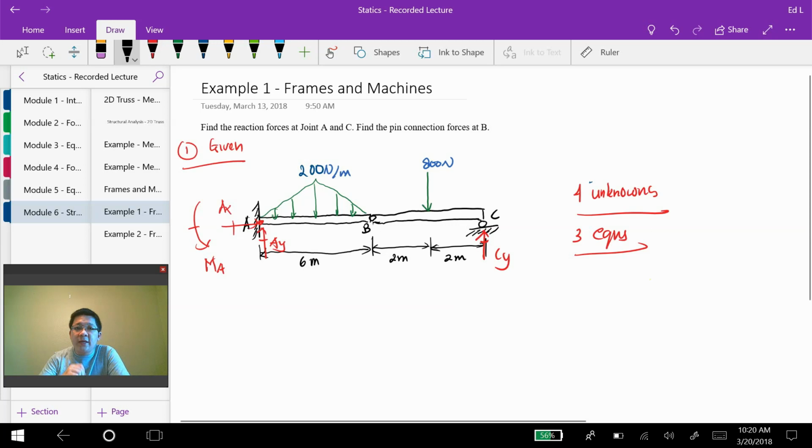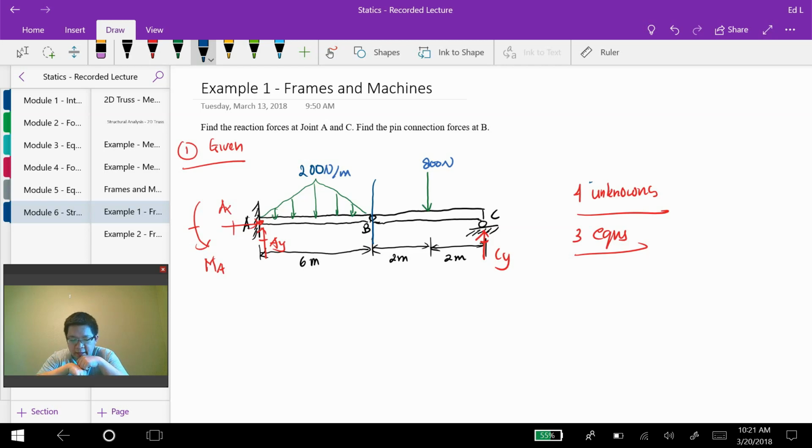So we have to make a cut, and the cut that we are going to make is going to be at B. Remember when solving these problems, when we make the cut, we try to make the cut at the connectors. In this case it's the pin connection.